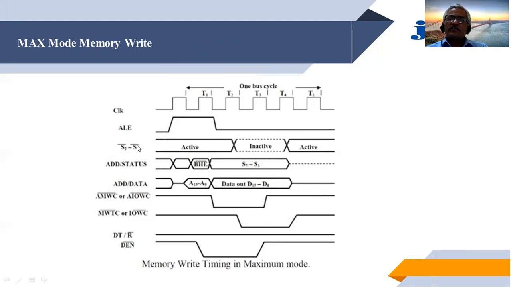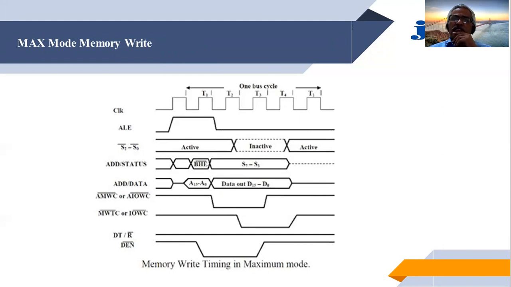So during this, the different signals such as AMWC, AIOWC, MWTC, IOWC, and so on, will be generated by this particular process. The signals S0, S1, S2 will generate these signals, and also the DT/R and DEN.